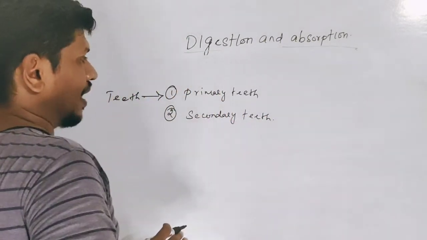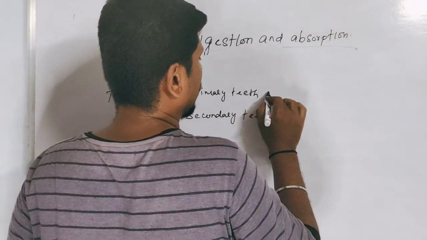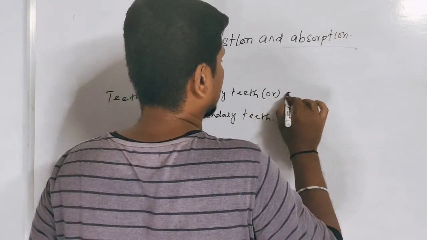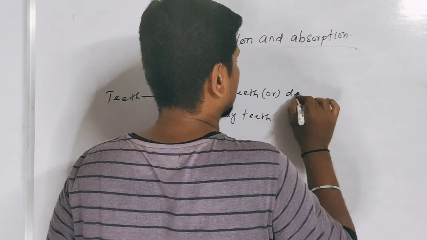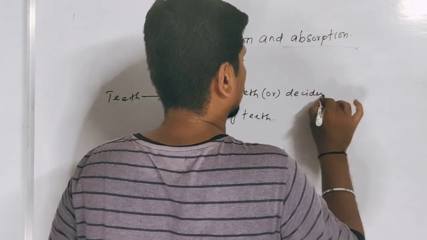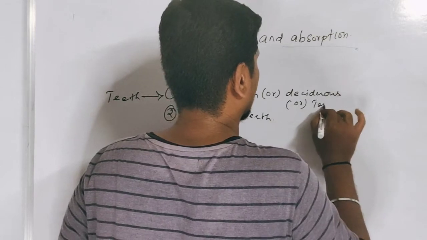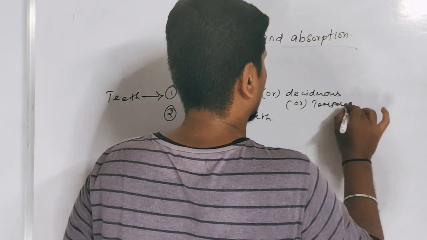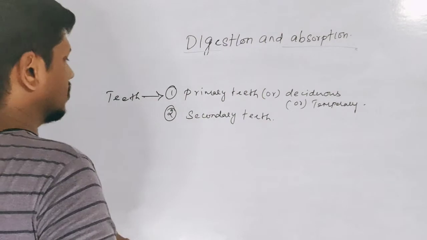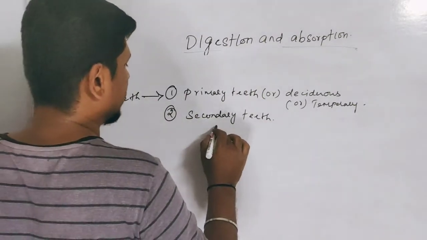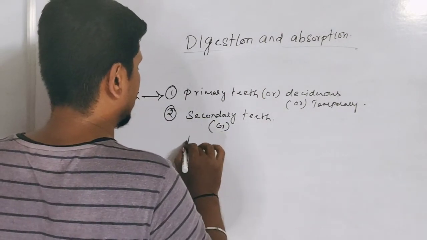This primary teeth, otherwise we call it deciduous teeth or temporary teeth. The secondary teeth we can consider as permanent teeth.